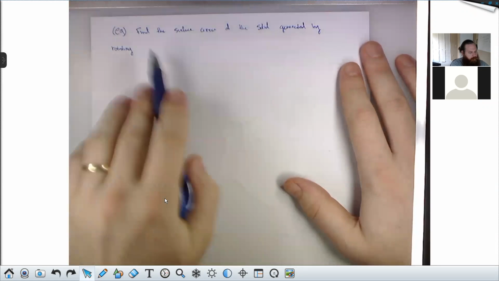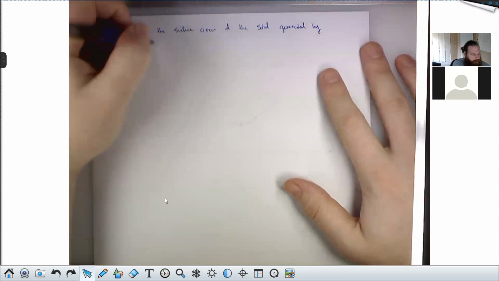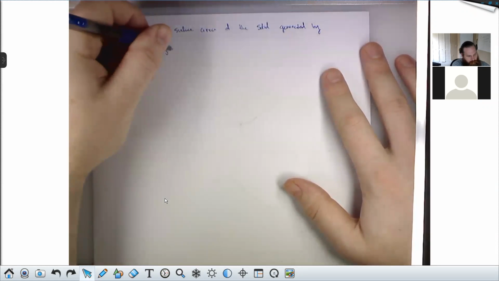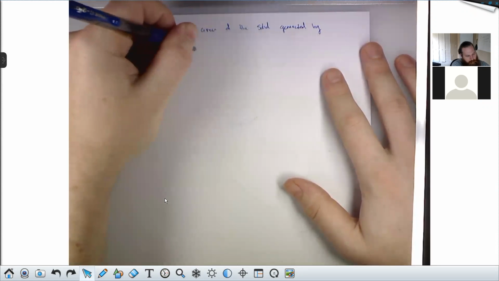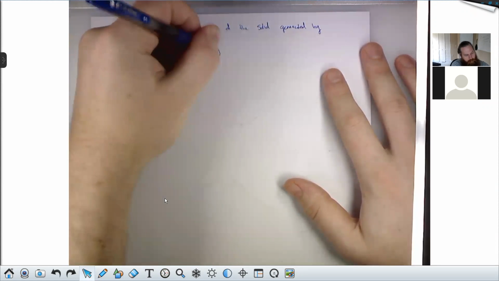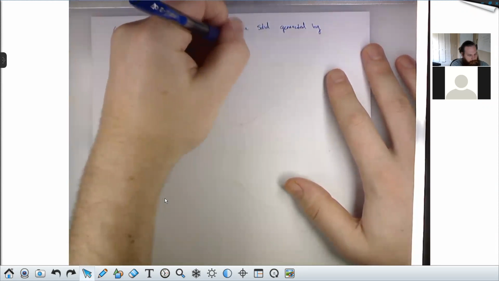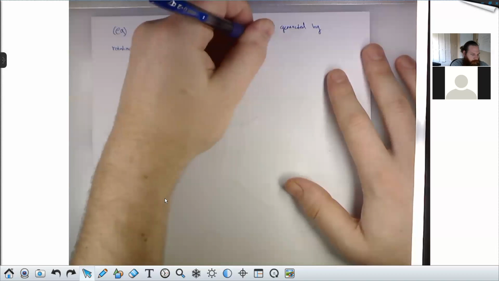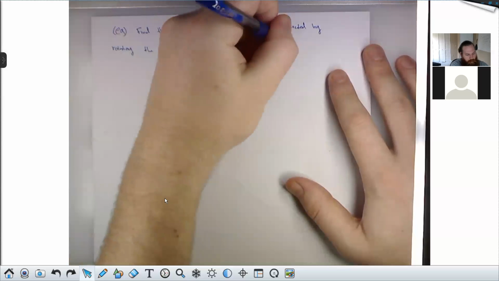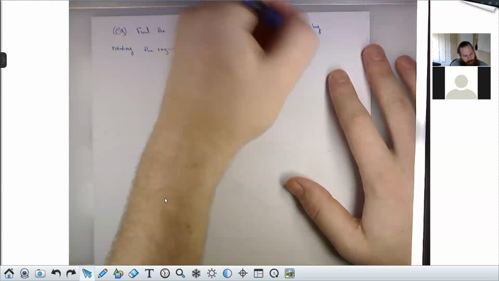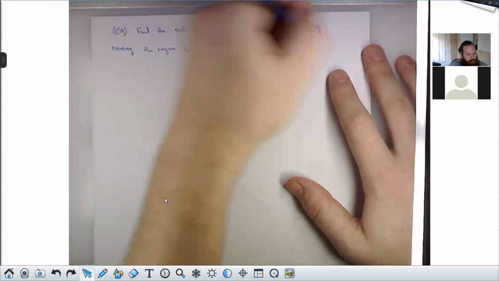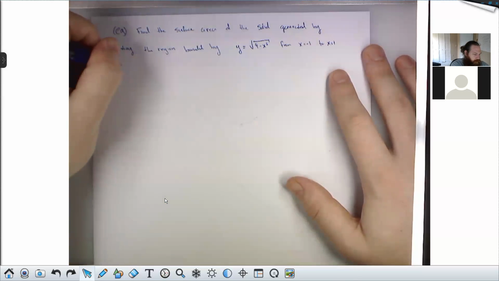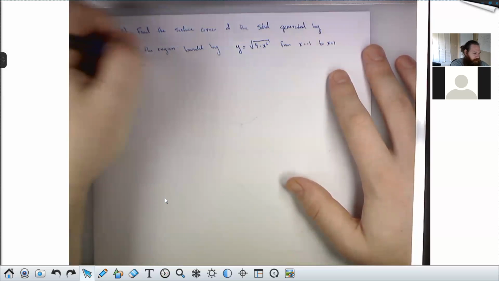So we're going to find the surface area of the solid generated by rotating the curve of the region bounded by y equals the square root of 4 minus x squared from x equals -1 to x equals +1 about the x-axis.